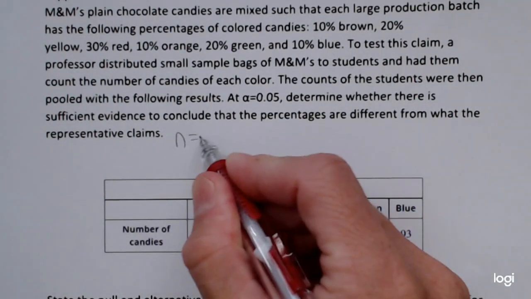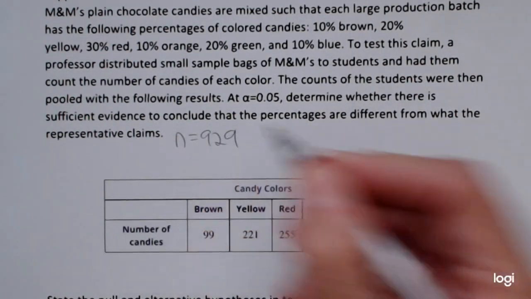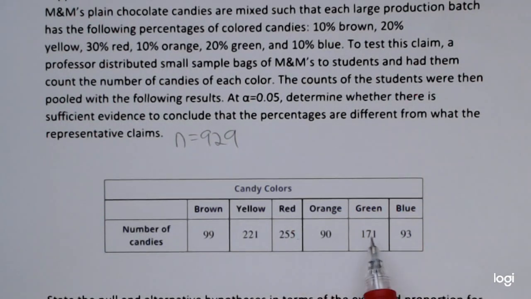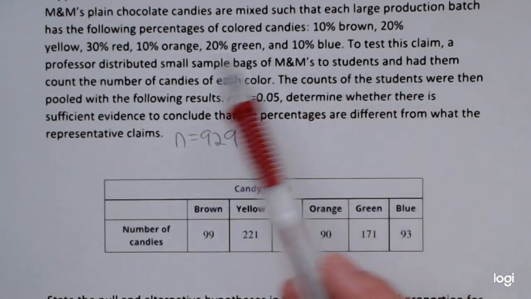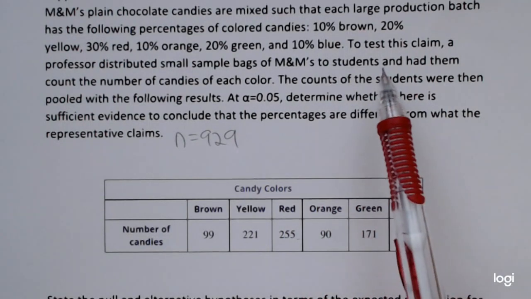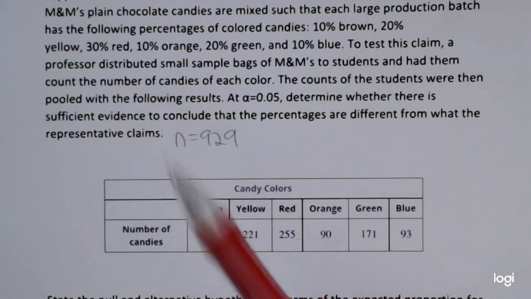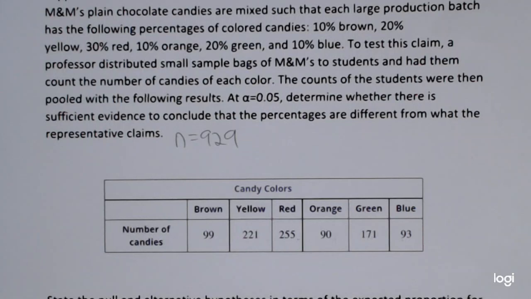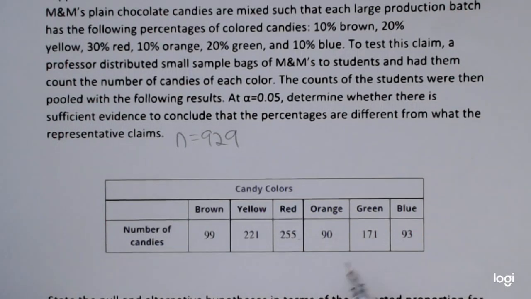If I summed up all of these values, I would get 929. According to the problem, the professor distributed bags of M&Ms and the students counted the numbers of candies in each color, and I'm assuming they were eaten. That's what I would do. Okay, so these are the observed values.